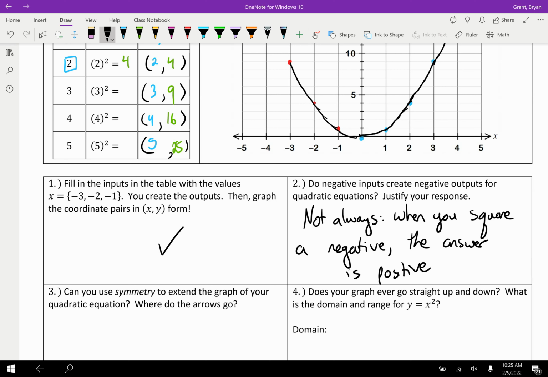So if you square a negative, you always get a positive. Well, there's going to be a couple exceptions. We are going to be able to get negative outputs this year just by subtracting something at the end. And then in Algebra 2, you're actually going to be introduced to the idea of imaginary numbers. And then your life is going to take a weird turn, and those negatives may actually give you negatives.